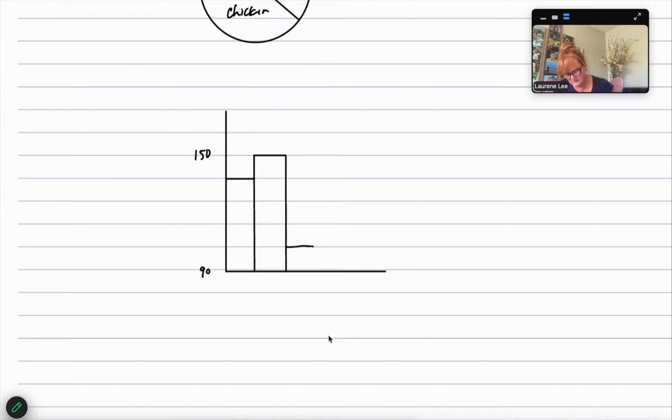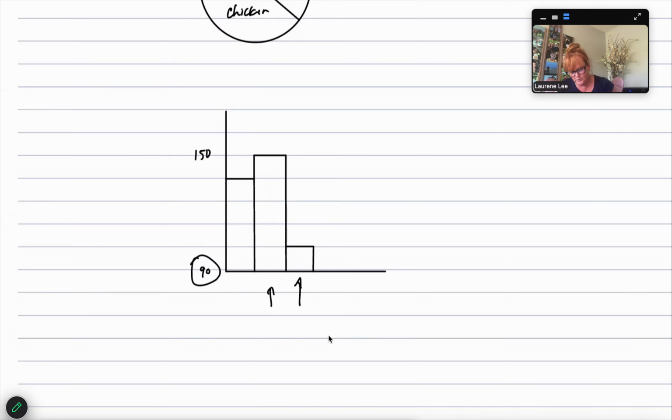I don't know, it doesn't matter what we're measuring, you can just make something up. And then I ask, what do you see here? And maybe you'd look at this and go, oh, okay, this category is way lower than this category. And you would be right visually based on this. But here's the thing that you're missing. You're starting at 90 here.